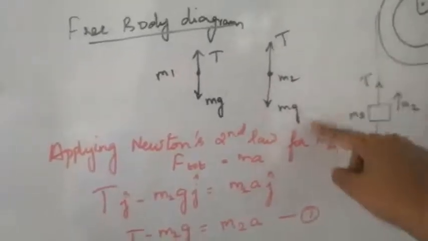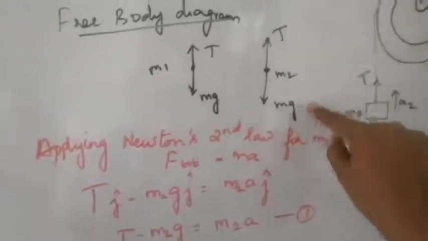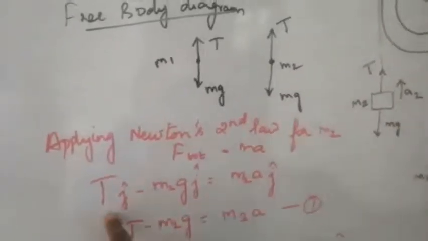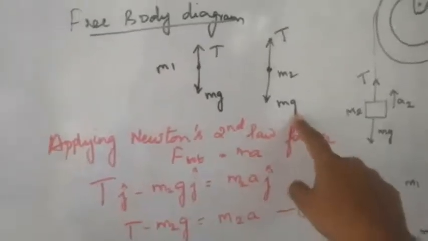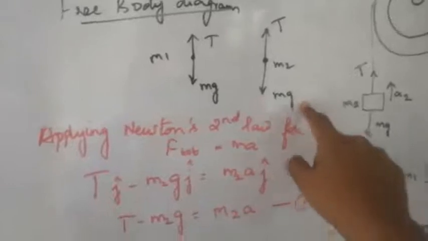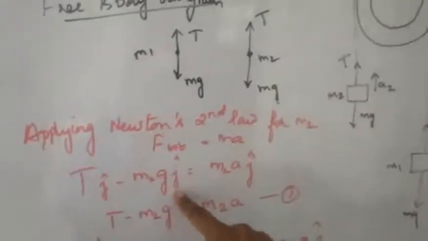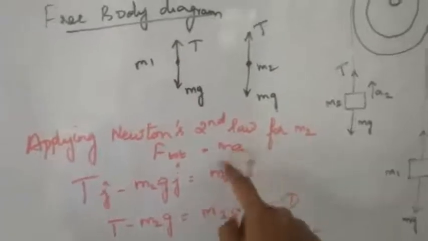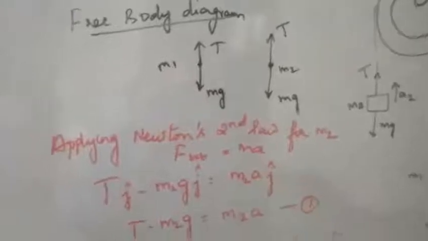You have to add up the total force. As they are in opposite directions, one is positive and the other is negative. So T is in the positive direction minus mg in the negative direction. Here m stands for mass 2, so it is m2 into g, equal to ma. As it is for the second mass, it is m2a.